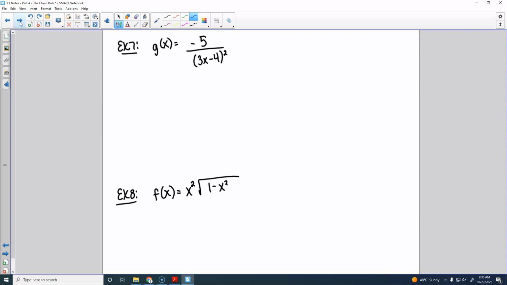Okay, so example 7, we could not do example 7 before unless we expanded 3x minus 4 squared. We could have done it if we expanded 3x minus 4 squared. It can be done with the quotient rule.